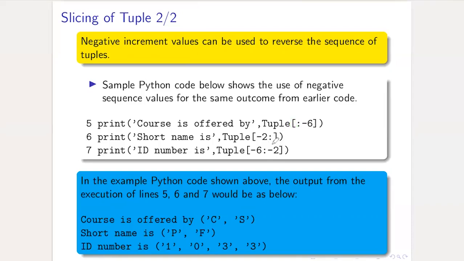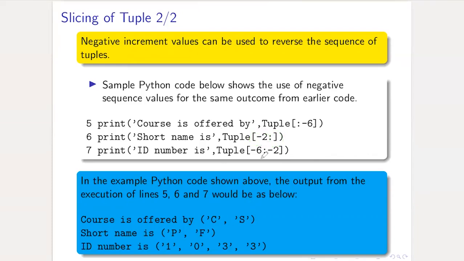Similar to that, we can define negative values to get different parts of the tuple. So starting from the end, go back 2 elements to get the short name.